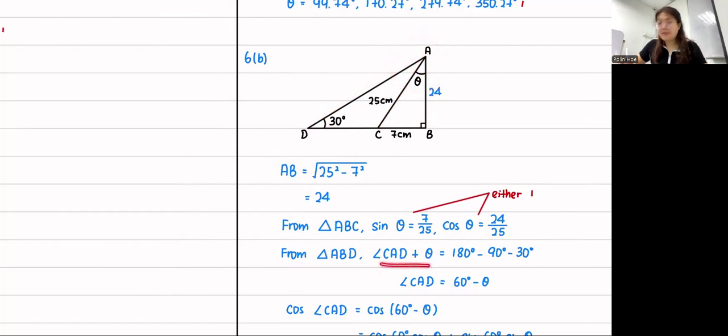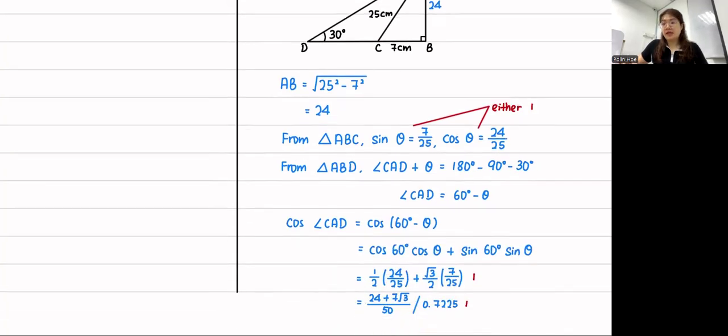Angle CAD plus theta will be equal to the total interior angle of a triangle, 180 degree. 整个三角形180度啊，minus 90 degree 减到90度，减掉30度 minus 30 degree. I get this. So the question asked me to find cos angle CAD. So I know that CAD 是60 degree minus theta.